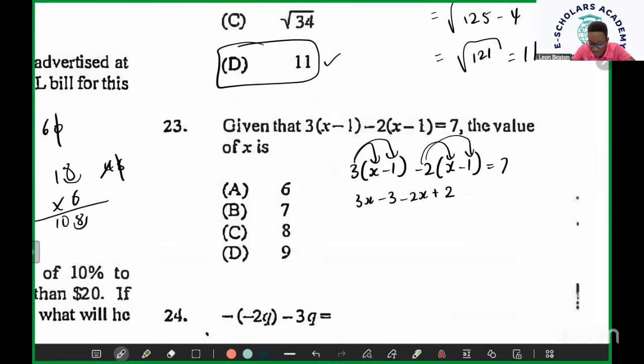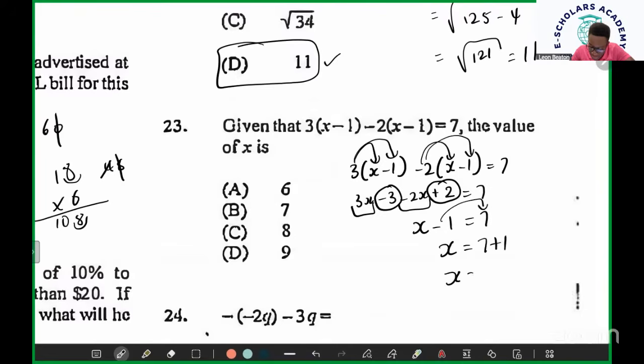This is equal to 7. Put the like terms together. 3x minus 2x gives me x, and negative 3 plus 2 gives me negative 1, is equal to 7. So x is equal to, take over this negative 1, it will add. So 7 plus 1, x is equal to 8. So x is equal to C.